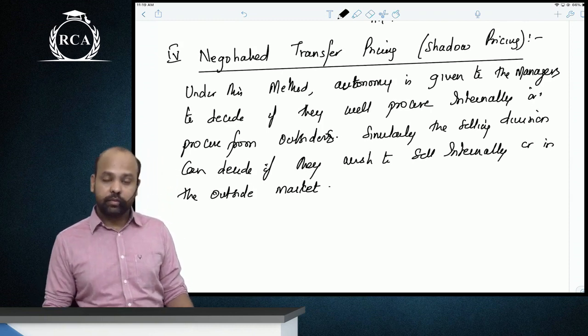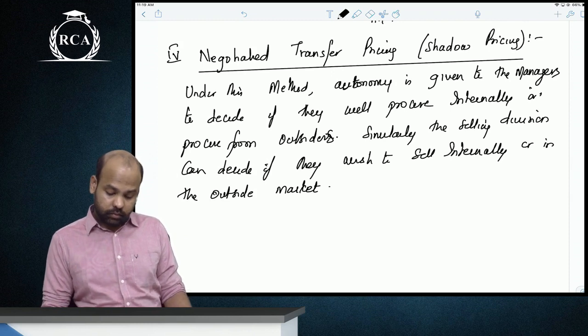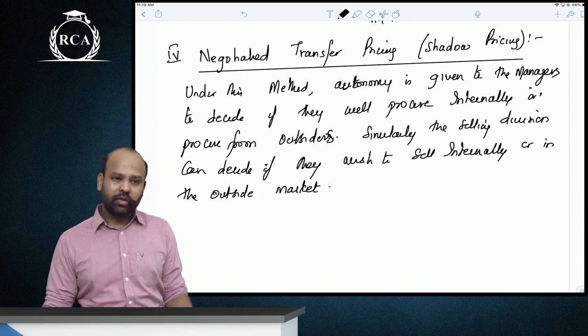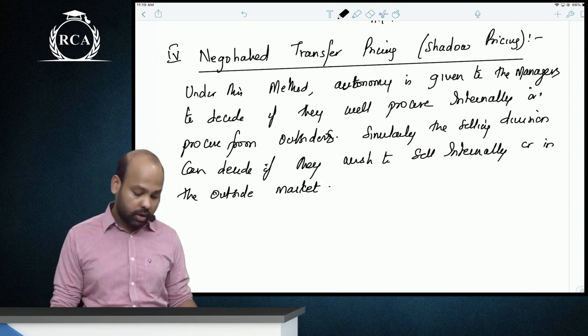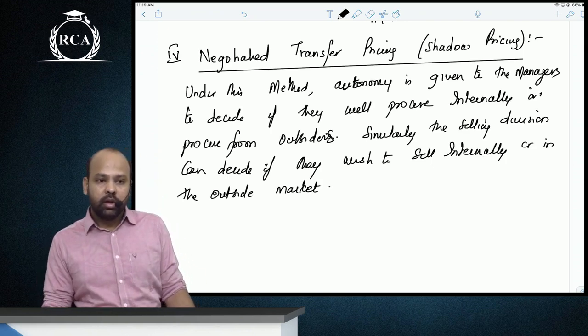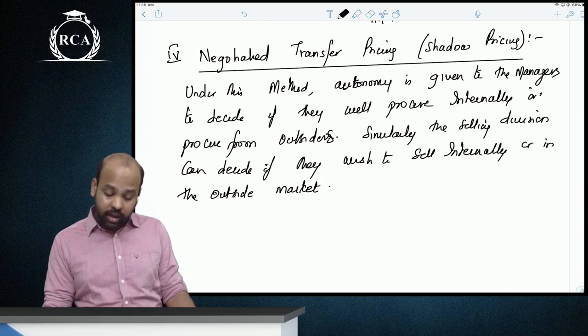I hope you're all doing this. Under this method, autonomy is given to the managers to decide if they will procure internally or procure from outsiders. Similarly, the selling division can decide if they wish to sell internally or in the outside market.